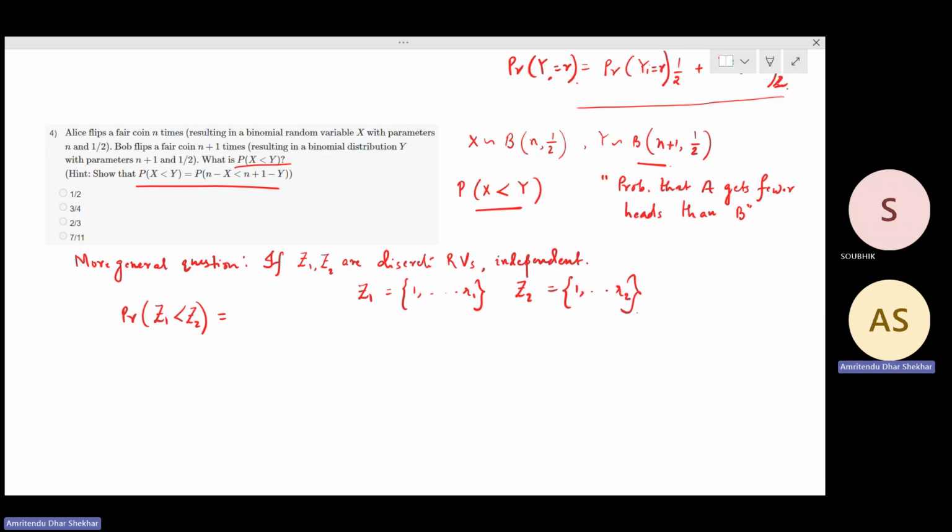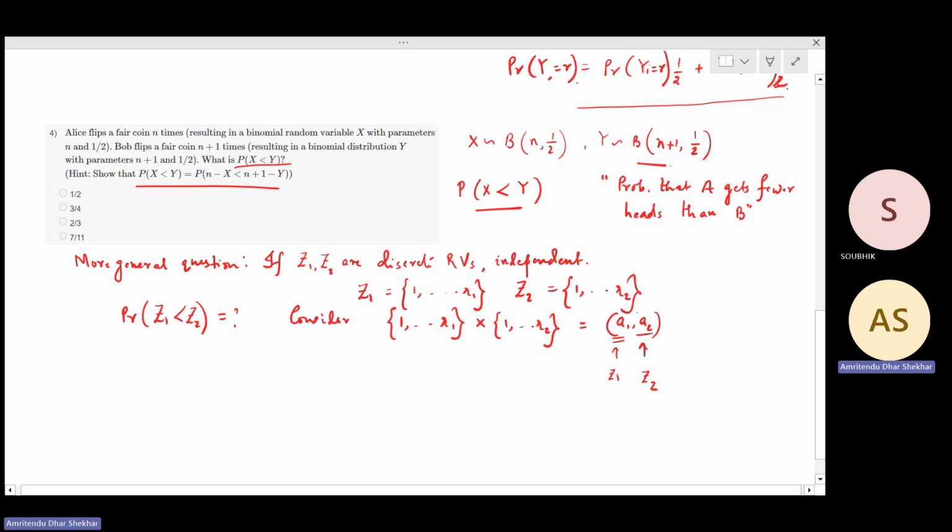Consider the set 1 up to R1 cross 1 up to R2. This is basically pairs of numbers A1, A2, where A1 is the value that Z1 has taken, and A2 is the value that Z2 has taken.